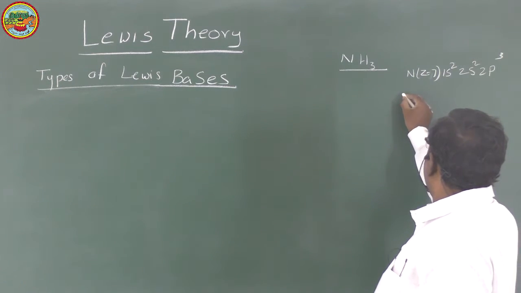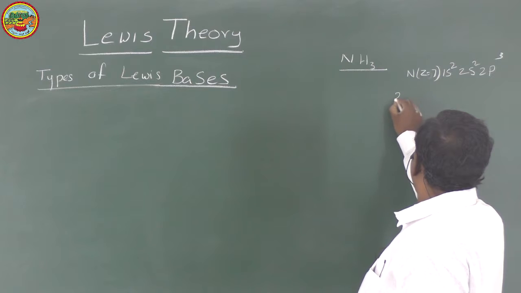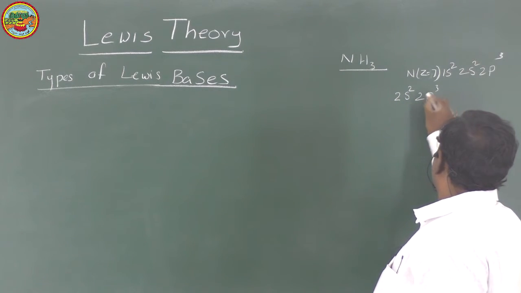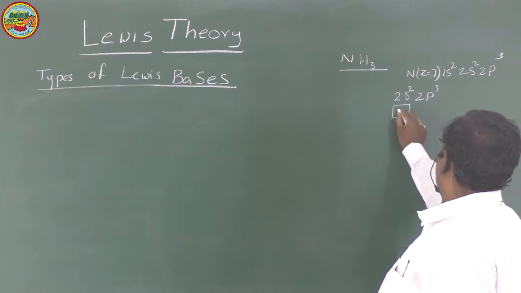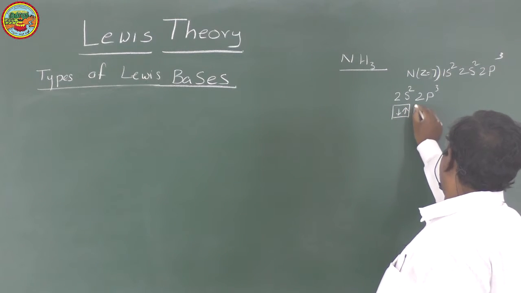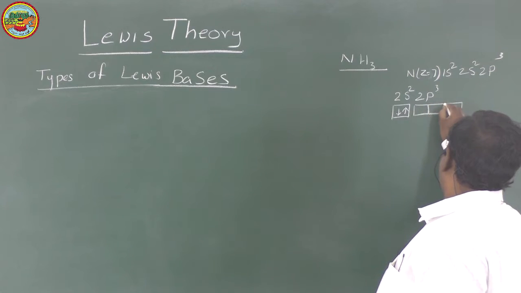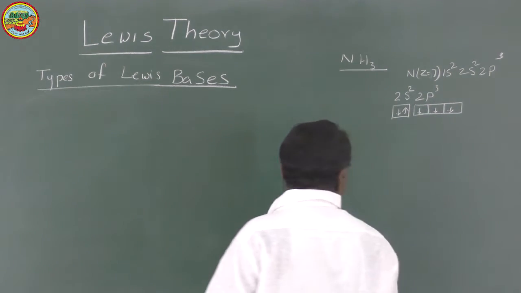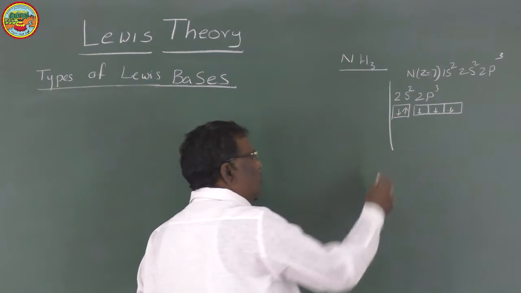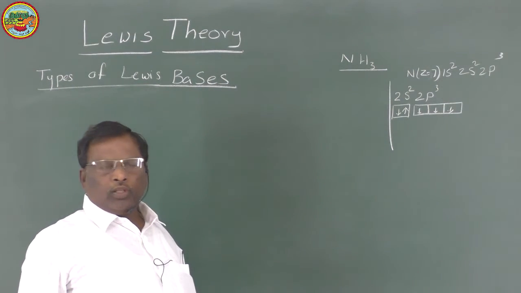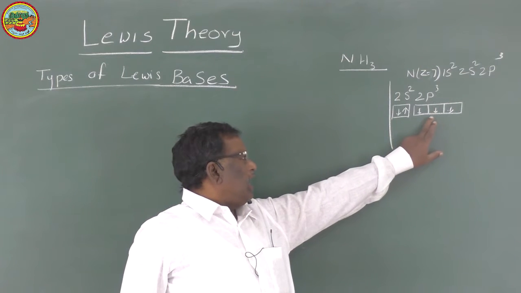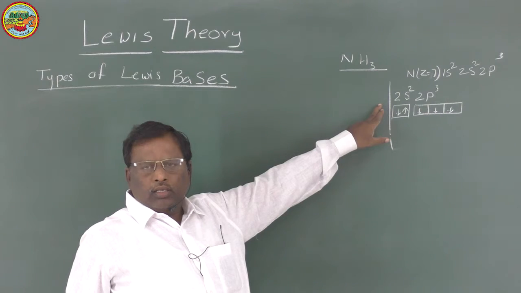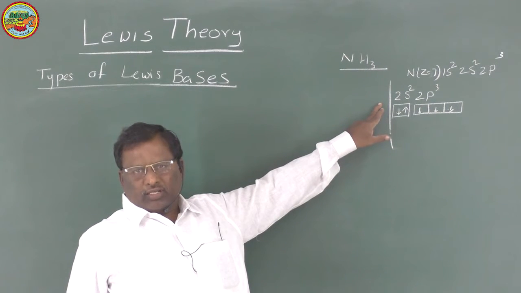That means this is the valency shell of nitrogen: 2s2, 2p3. In the 2s orbital we have 2 electrons, and in the 2p orbital we have 3 electrons. So in the valency shell of nitrogen we have 3 half-filled p orbitals and 1 completely filled 2s orbital.